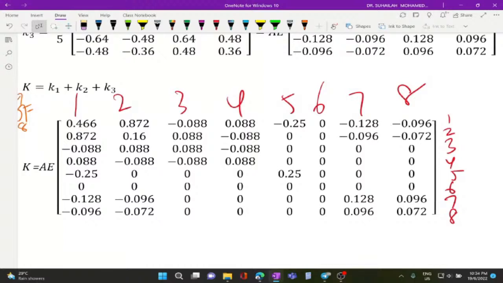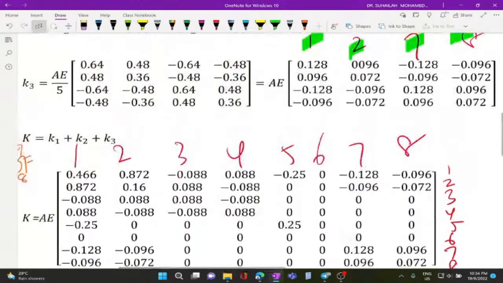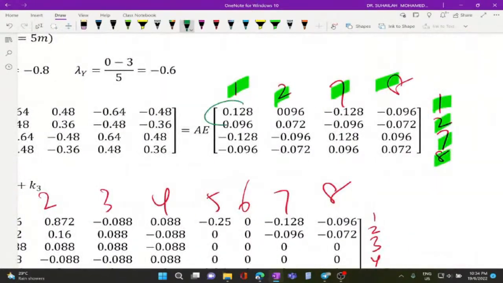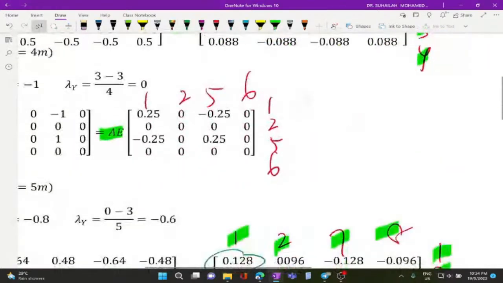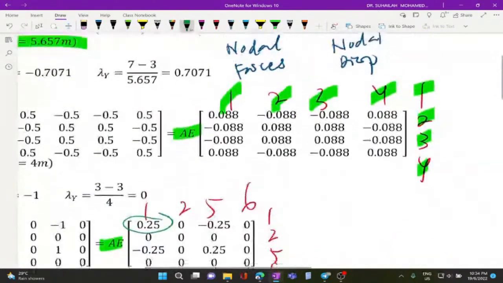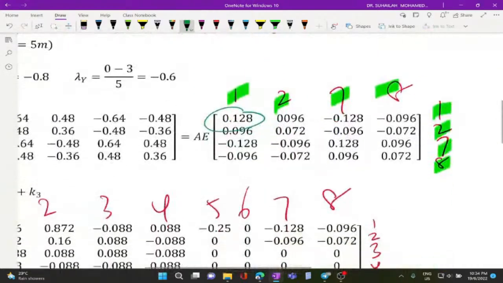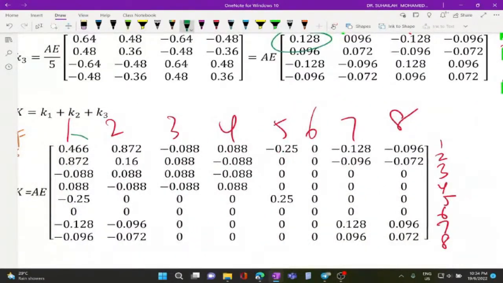For example, if I want to determine the value at position 1, 1, it means that I have to consider 1, 1 here plus 1, 1 here plus 1, 1 here. In total of these three values, we get 0.466.